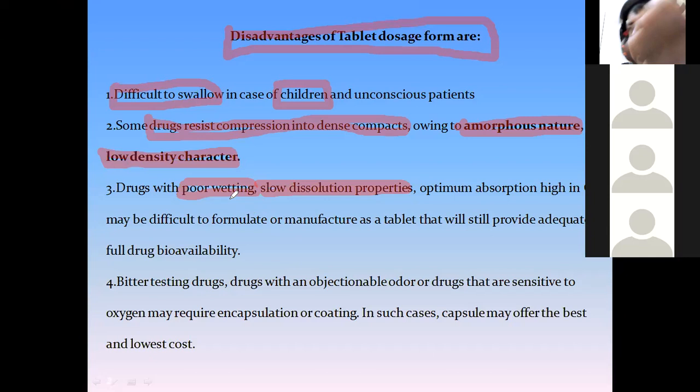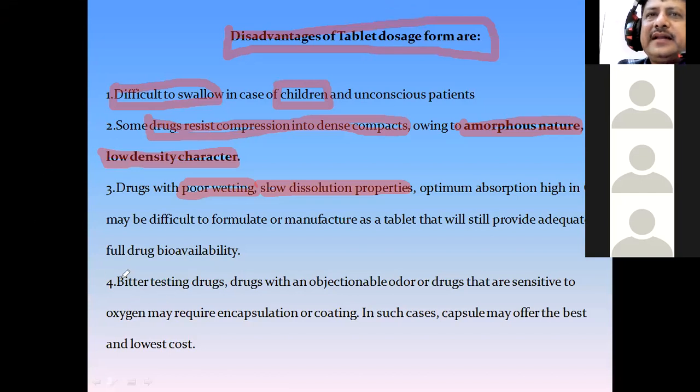Okay, it has to go into solution form, then only it will get absorbed. So until and unless your drug gets absorbed and comes into your systemic circulation, you are not going to get the availability. So the drugs that are going to have availability problems and a slow dissolution profile will have problems to be formulated in the tablet dosage form.